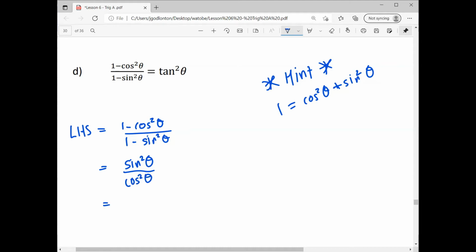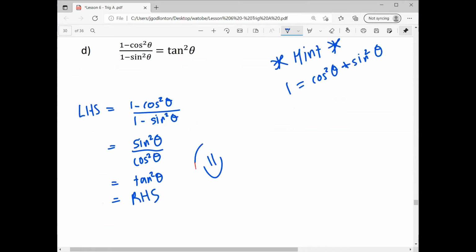So this equation leads us to tan. Beautiful, which is our right-hand side. Yay! Well done. Awesome.